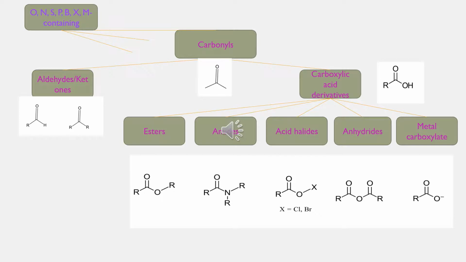And so all of these carboxylic acid derivatives replace the hydroxyl that's bonded to the carbonyl with either an OR group in the case of an ester, or an NR2 group in the case of an amide, or a halogen in the case of an acid halide, or an O-carbonyl in the case of an anhydride. Or even an O minus in the case of a metal carboxylate. So the carbonyl family is very extensive and very important in organic chemistry.